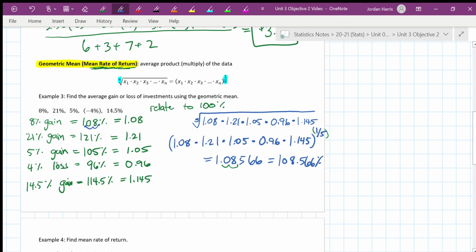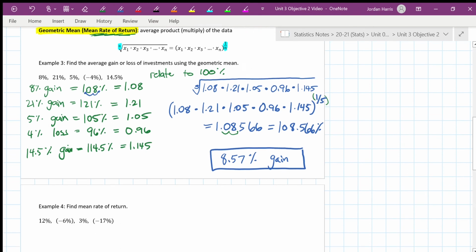If it's over 100%, that's a gain. If it's under, it's a loss. So this is 8.57, because I'm going to round now, percent gain. That's how much more than 100% I had. So on average, over the years, there was an 8.5% gain each year.